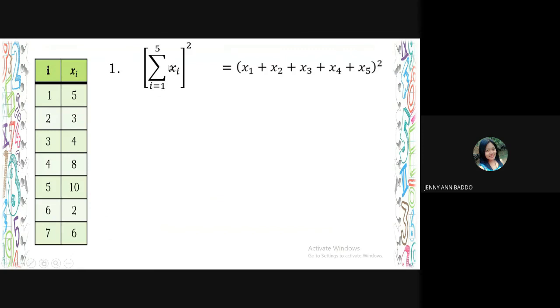Take note, we are just copying this one and changing the index of summation by the given values from the starting point up to the stopping point. Now, by substitution, we have 5 plus 3 plus 4 plus 8 plus 10. That is 30 squared. So, we have 900.